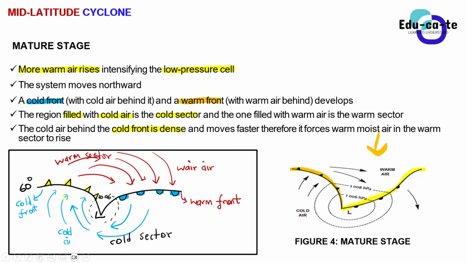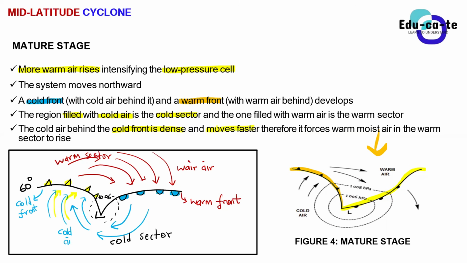And remember that I say that cold air kind of forms these conditions because it moves faster. Something that is heavy moves faster. But warm air rises, but it doesn't move faster, okay? So this cold air behind the cold front, or this cold air in the cold sector, is dense, it is heavy, and it moves faster.